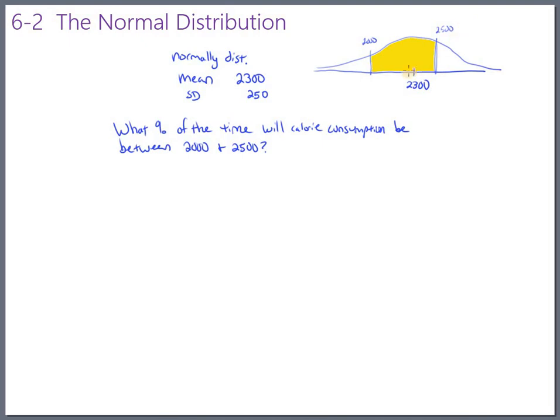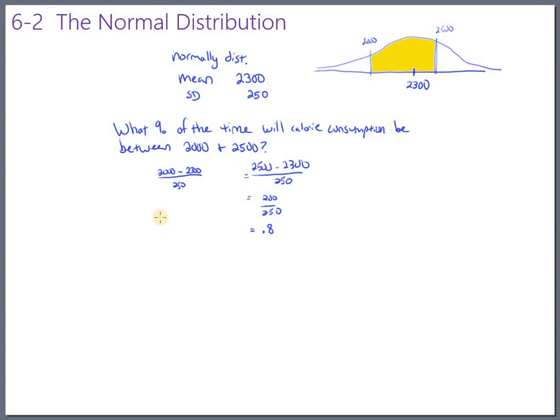So let's get 2,500 as a z-score. That would be 2,500 minus 2,300 over 250. So that's 200 over 250, which works out to 4/5 or 0.8 as a z-score. Do the same thing for 2,000. 2,000 minus 2,300, and we still need to subtract in that order, divided by 250.